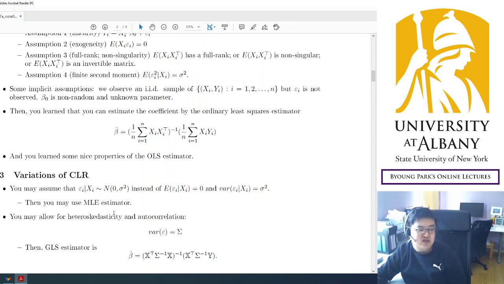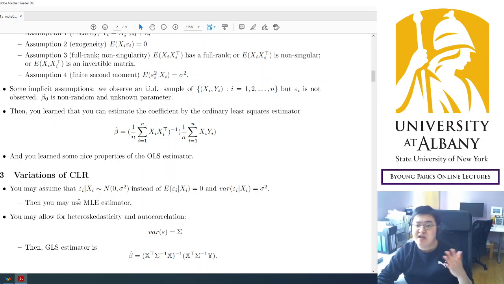And this is a stronger assumption, but if you have this assumption, then you can do a better job. You can do a better estimator, called the MLE estimator. Maximum likelihood estimator can be calculated based on the stronger assumption.